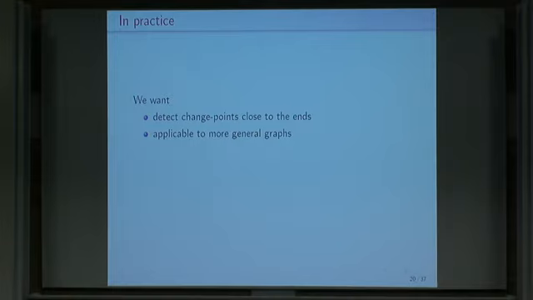Also, if it's not that close but already near the end, and the number of observations n is not large enough, the asymptotics will not be enough. And we also see that there are assumptions on the graph for that approximation to work, and we want to apply this to more general graphs.